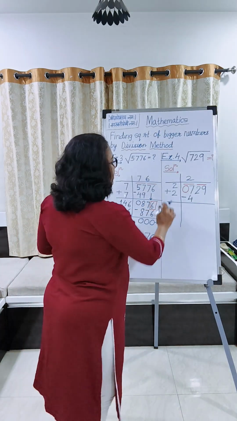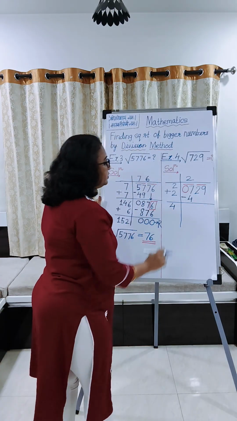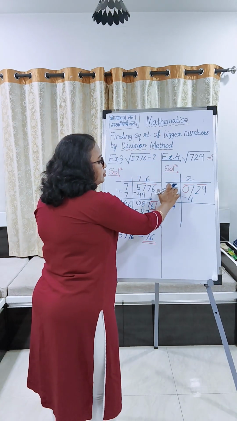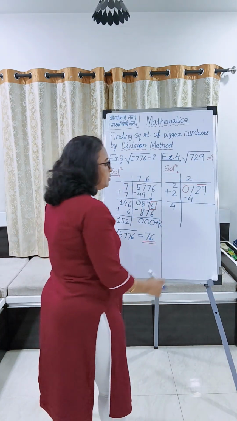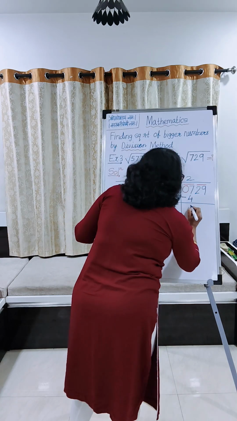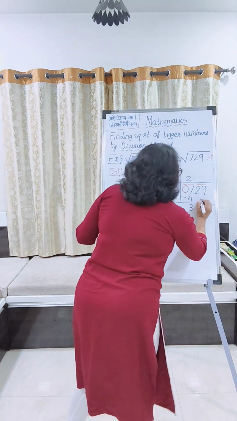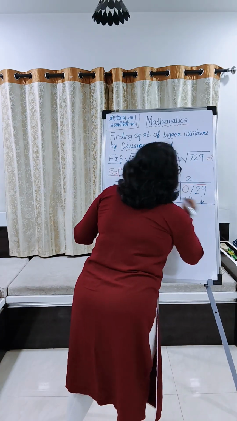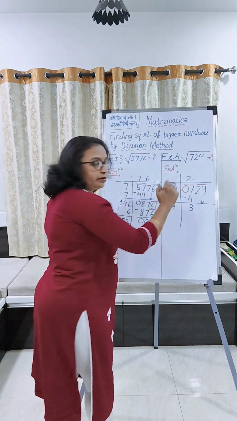We will add this in the left column and write 4. Then we will multiply this 2 by this 2 and write that 4 here below 7. So 7 minus 4 becomes 3. Now bring down this remaining group 29 here.